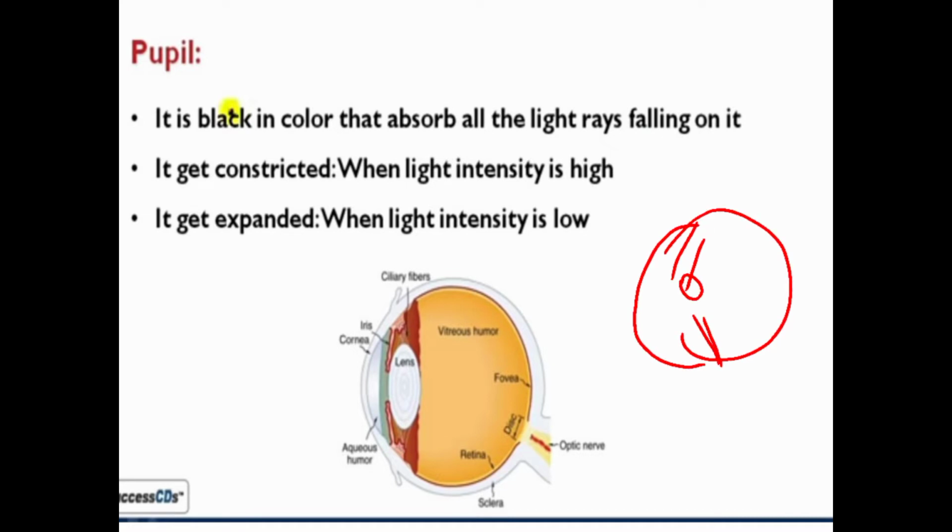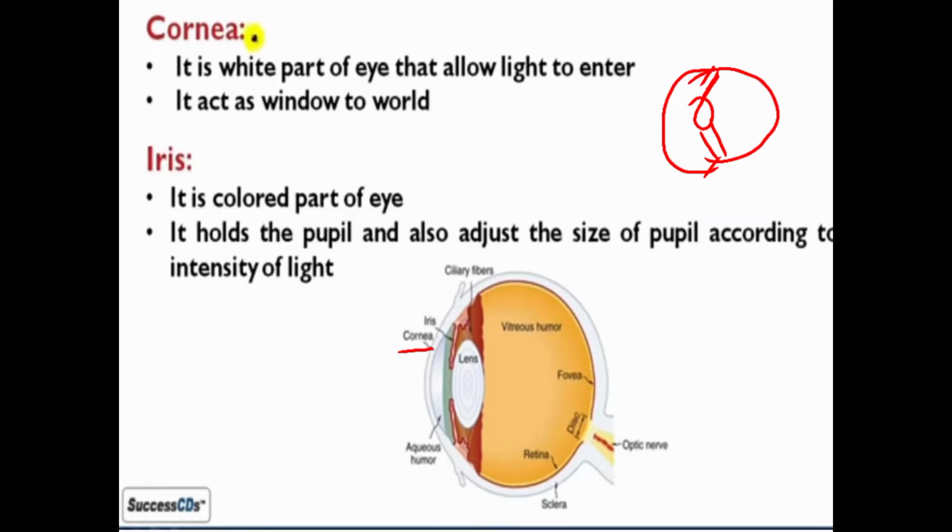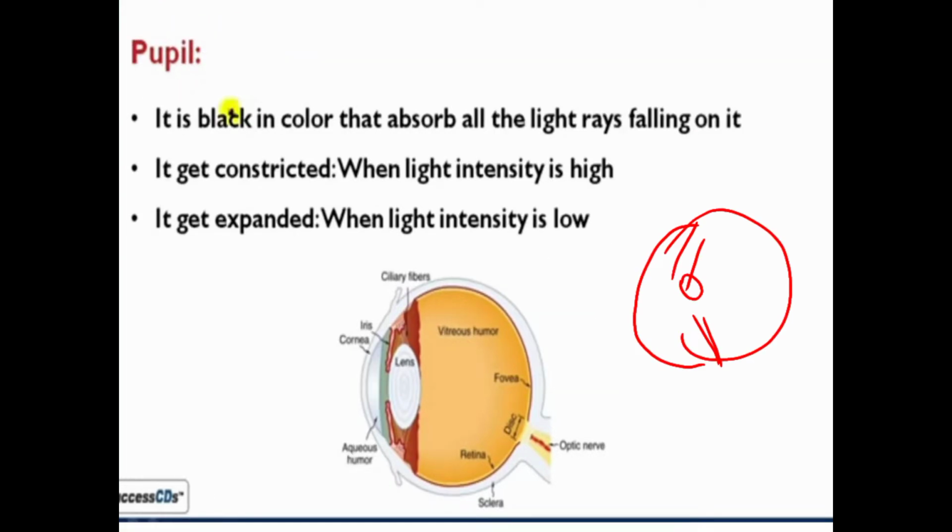It is a black colored spot that absorbs all the light rays falling on it, and the iris helps adjust the size of the pupil according to the intensity of light.